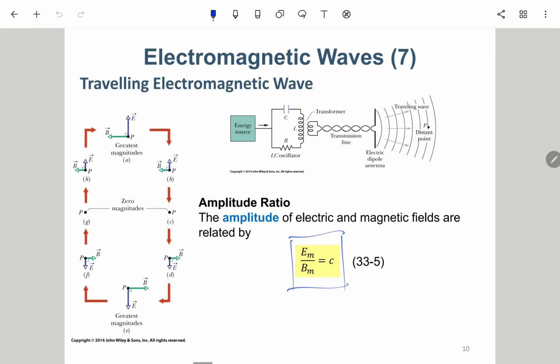We also know that B m will be E m over c, where E m and B m are the magnitudes. If we divide by the square root of 2, it turns out that B RMS will be E RMS over c.